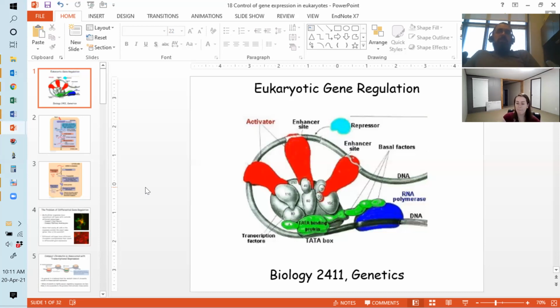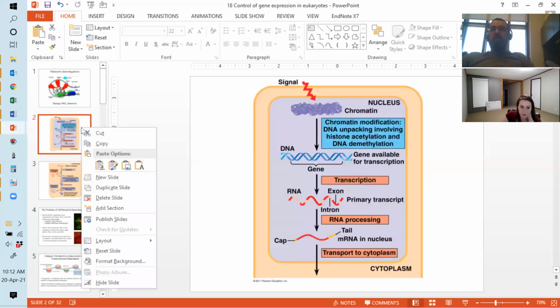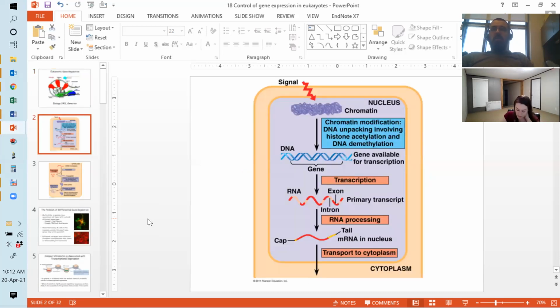So anyway, protein stability and turnover is an important part of controlling the levels of functional protein. These two slides here do a really good job of going through this. I haven't even talked about this yet.